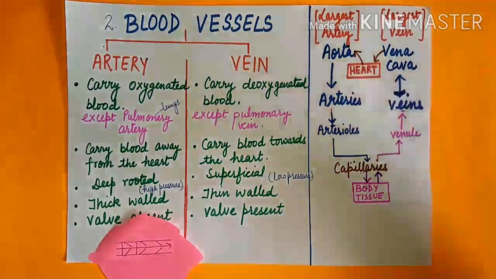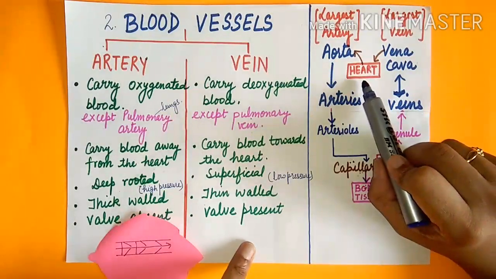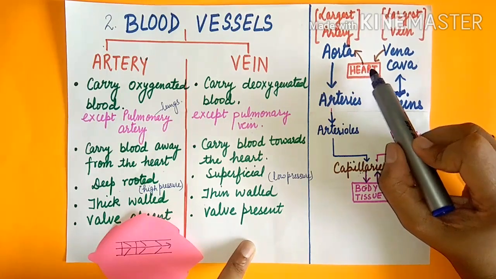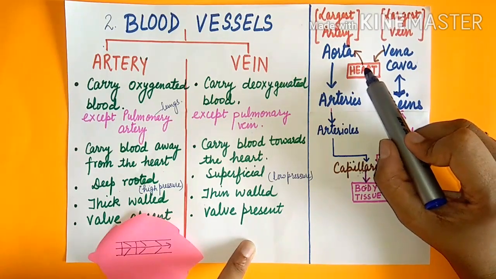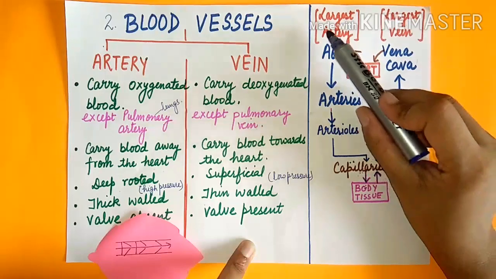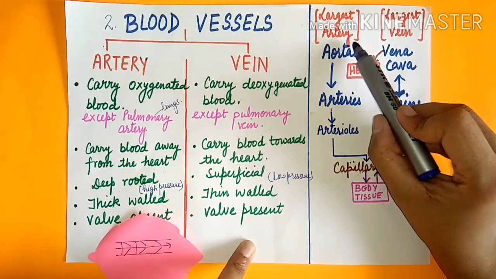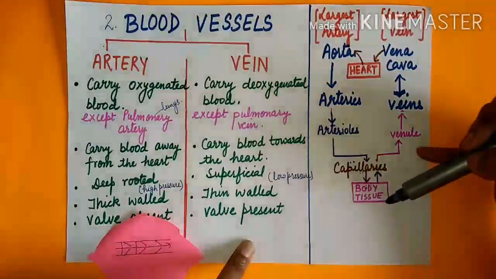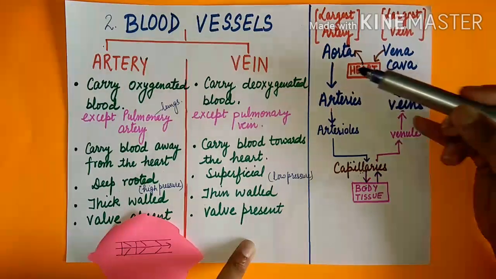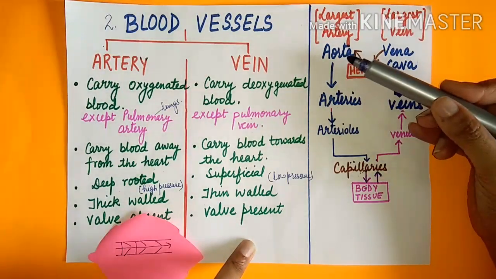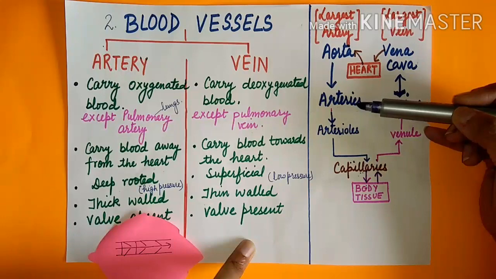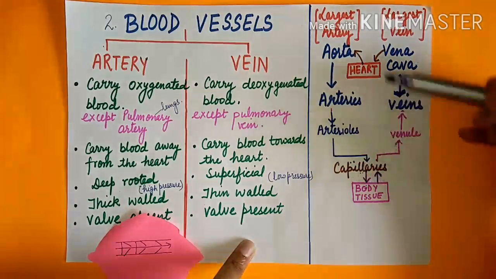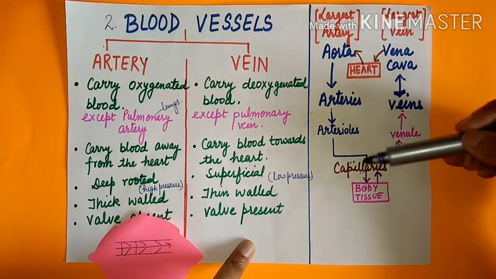So in this flow chart, I'll try to explain that this is the heart, and the heart pumps the oxygenated blood to the aorta, and aorta is the largest artery in the human body, and aorta does not go directly into the body tissue. So the blood is sent through arteries, arterioles and then capillaries. So there is a system to send the blood in a few steps.